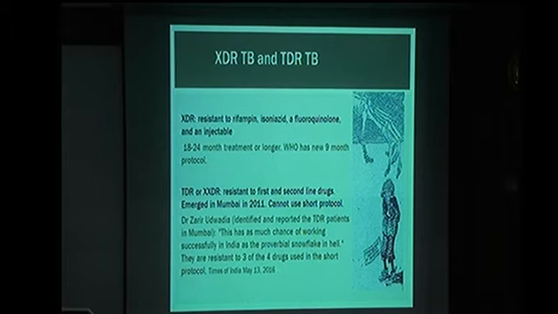That emerged in India. I mean, it's emerged in more than one place, but in India it emerged in 2011 in Mumbai. And WHO has come up with a new 9-month protocol for XDR-TB, which normally would be 18 to 24 months.